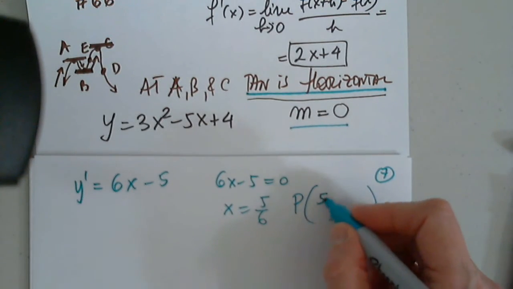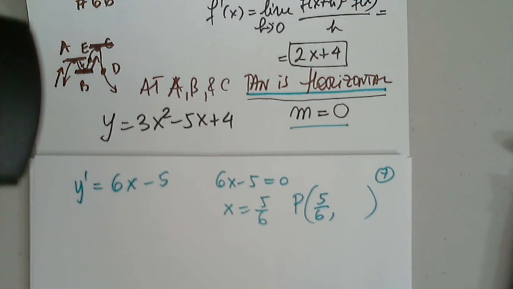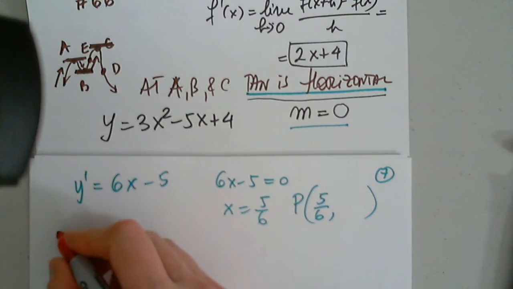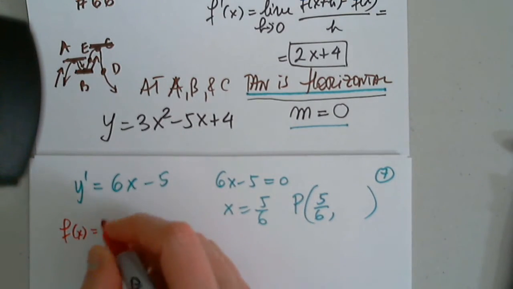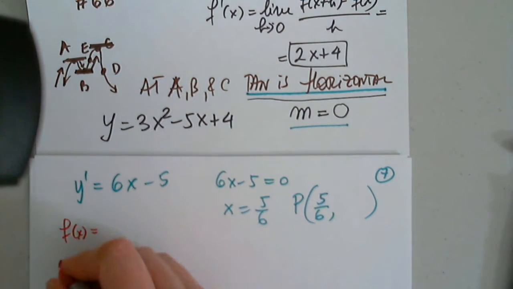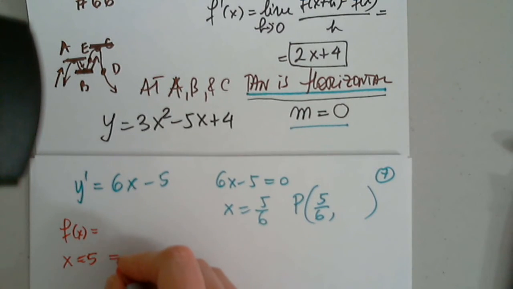So I have the x coordinate, but how do I determine the y coordinate? Because we are asked to find the point. I cannot just give the x. I also have to determine the y. Set the x to 0? So if I say this is a function, and I'm telling you x is 5/6, how do you determine the y coordinate for that point?